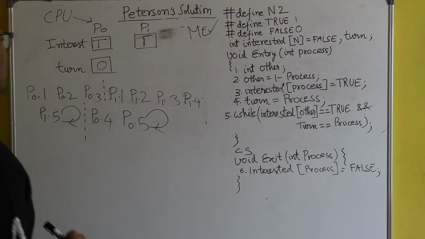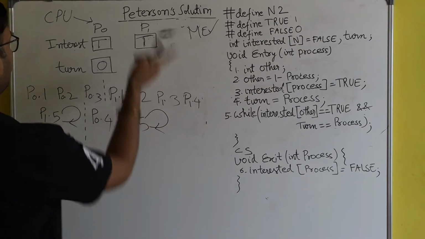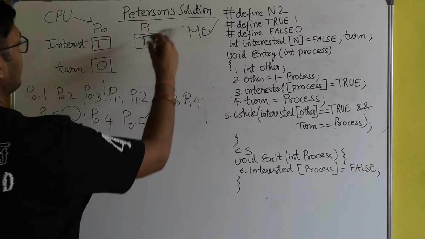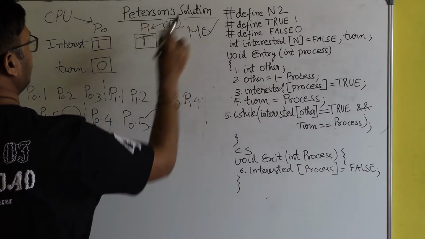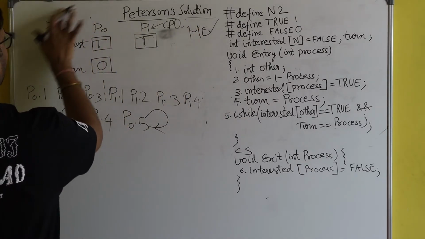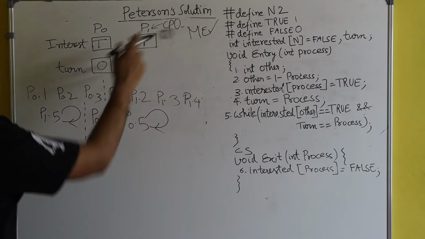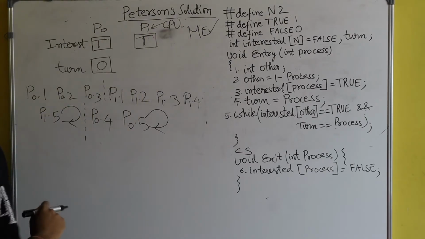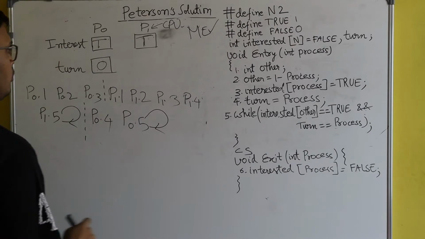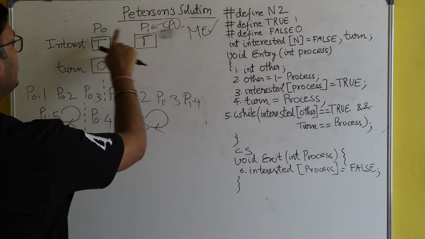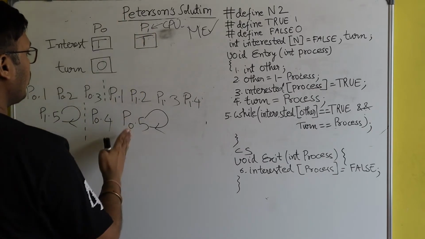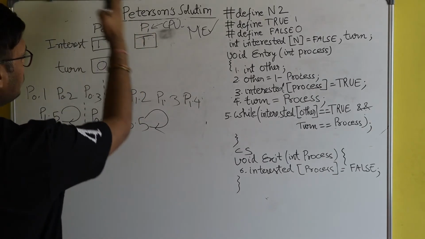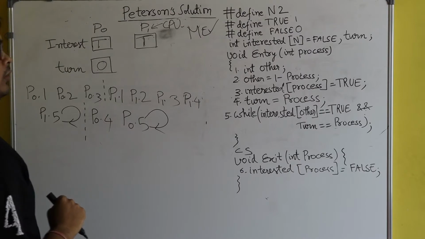You see how. Suppose at this point a context switching happened again, and now CPU is given to process P1.